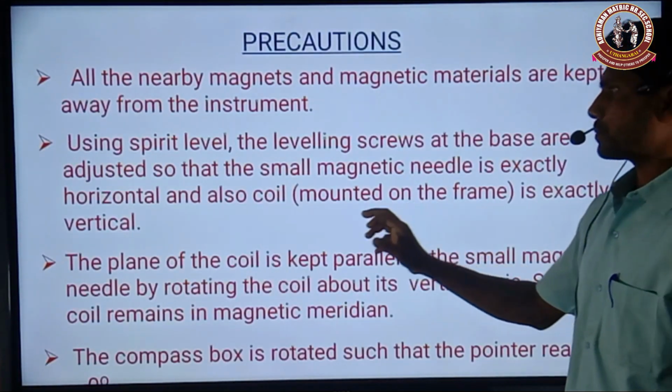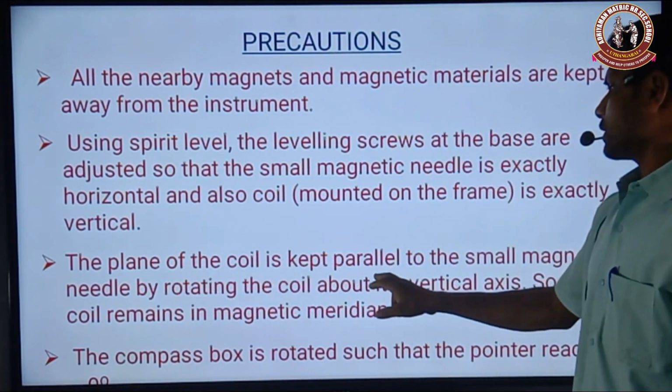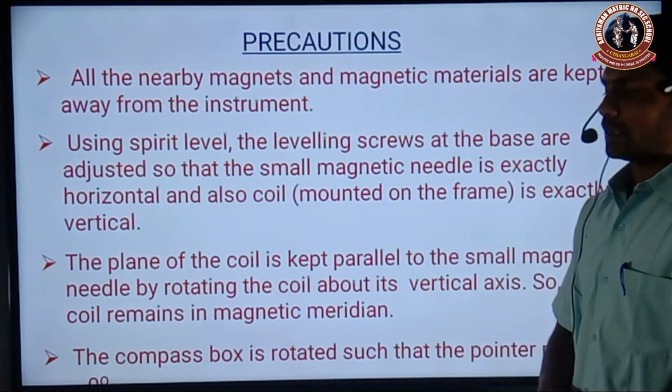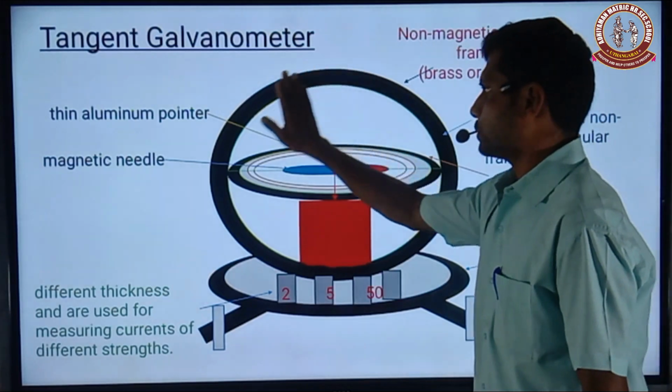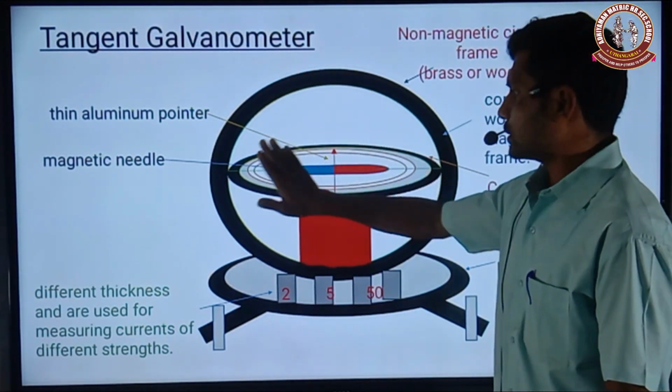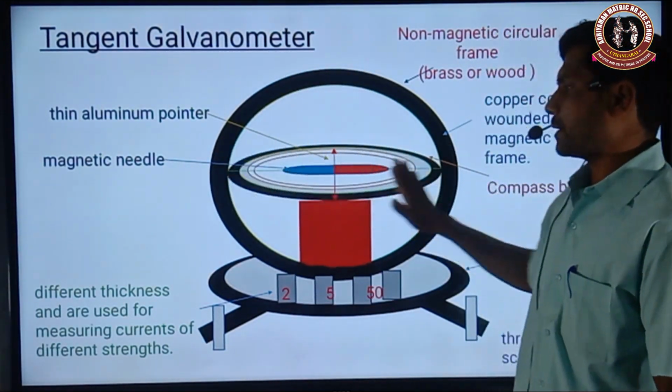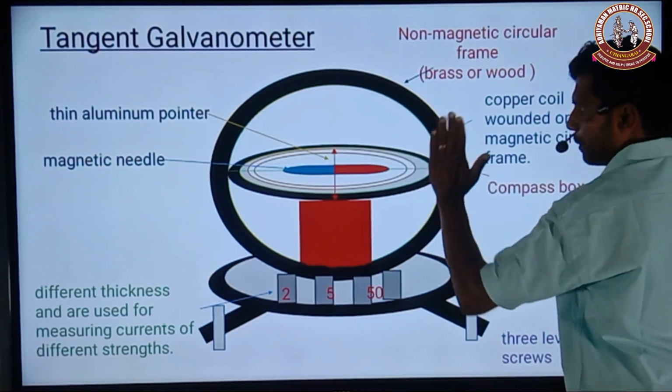The next point: the plane of the coil is kept parallel to the small magnetic needle. The plane of the coil is exactly parallel to the magnetic needle, along the magnetic field.